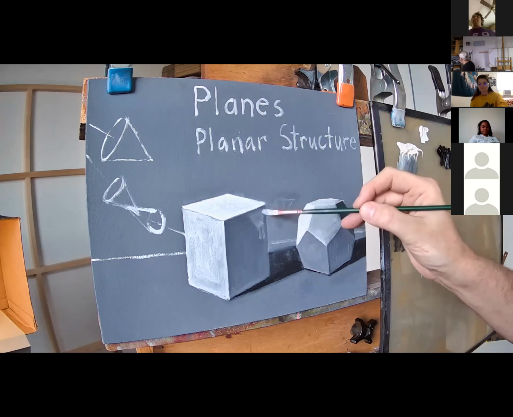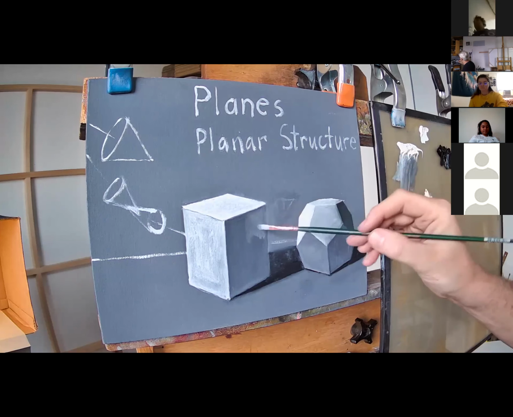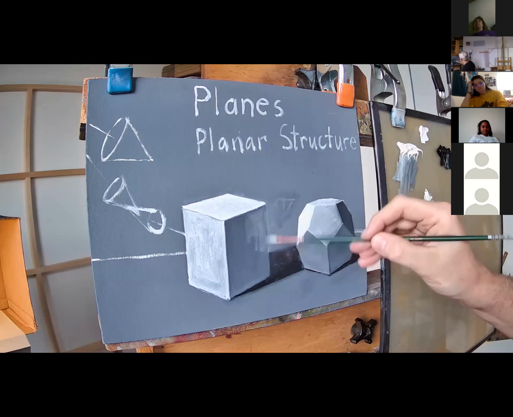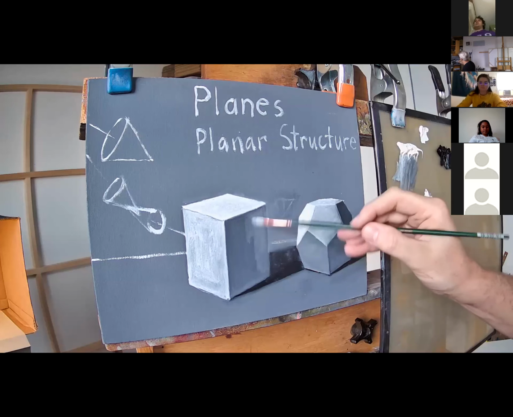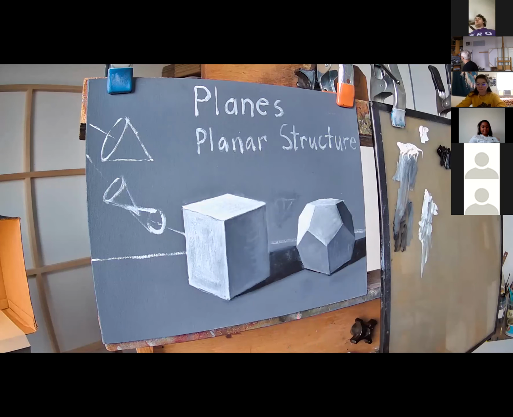Now, it's going to be very subtle, but it's going to be there. You get a little bit of reflected light, something like that. That would be very subtle.